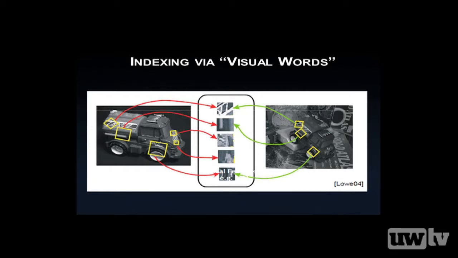Okay, so you can see why it's called visual words, because you're representing an image by a bunch of words that, instead of being written, are visual ones, and then you just look at them in the other image, and if you found many matches, then it's a good match. If you have found few, that's not a good match.